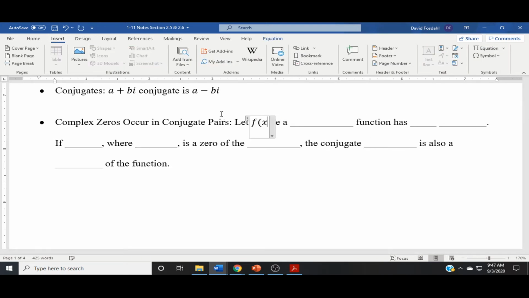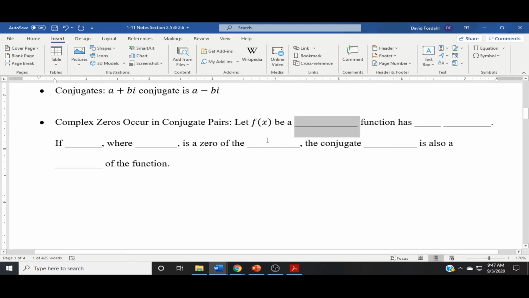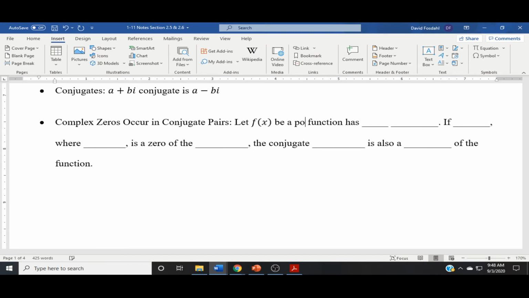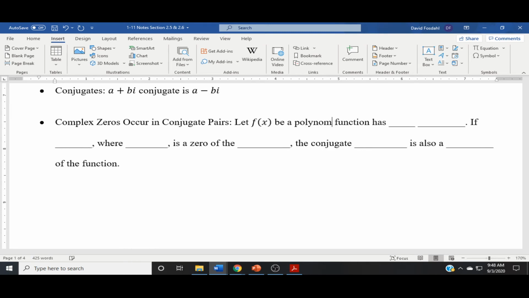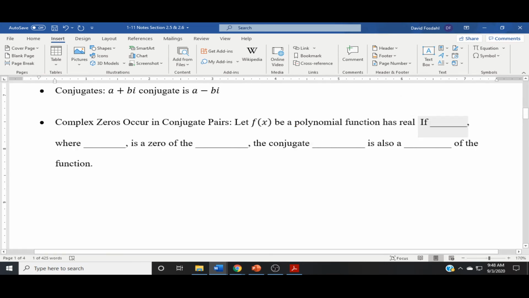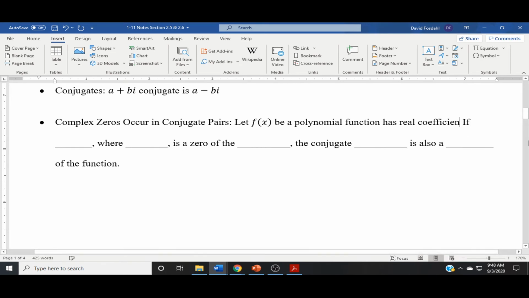Let f of x be a polynomial function that has real coefficients. So it shouldn't have imaginary.